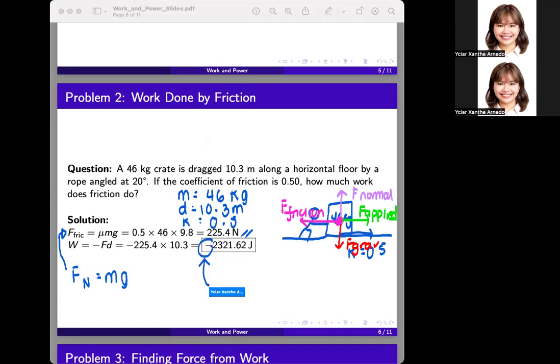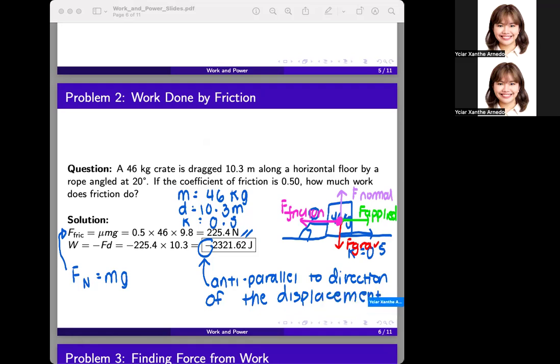It's because the force of friction is anti-parallel to the direction of the displacement. Since that's the case, it implies that it is negative work done.